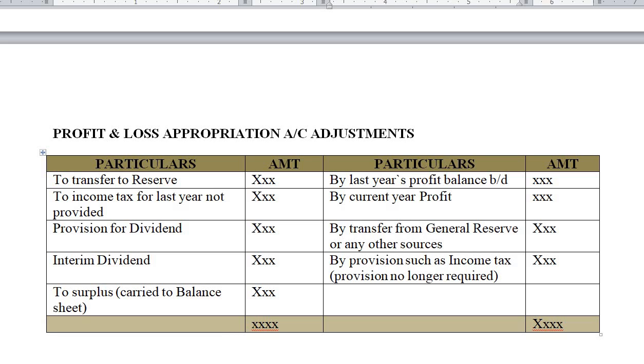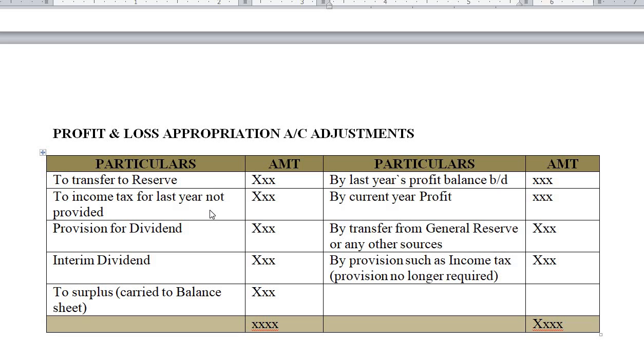The next thing to be considered, which is very important, is the general reserve. Whatever amount you are transferring to a reserve, it may be simply a general reserve or a reserve for a specific purpose. For example, you may be transferring some amount to a taxation reserve, an allowance reserve, or some other reserve like a gratuity reserve.